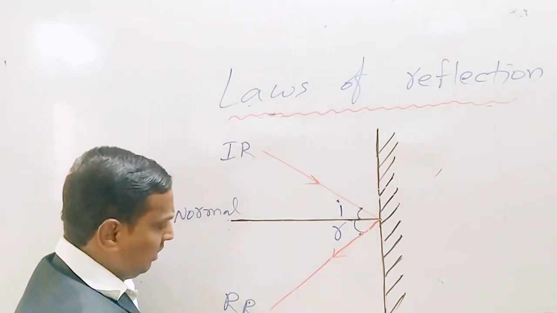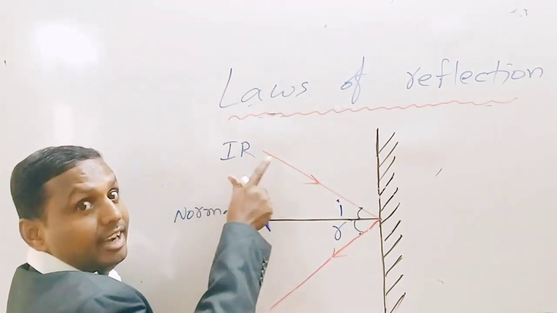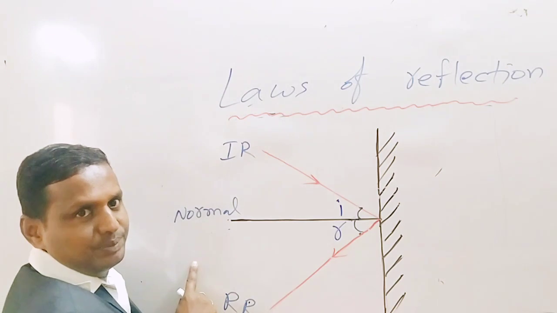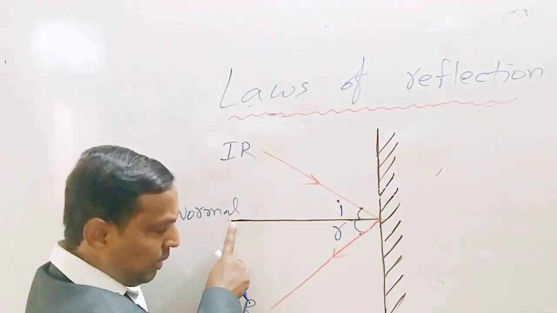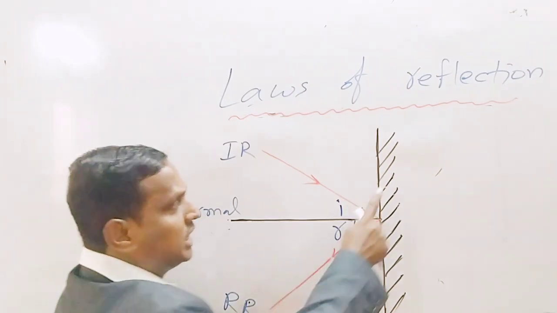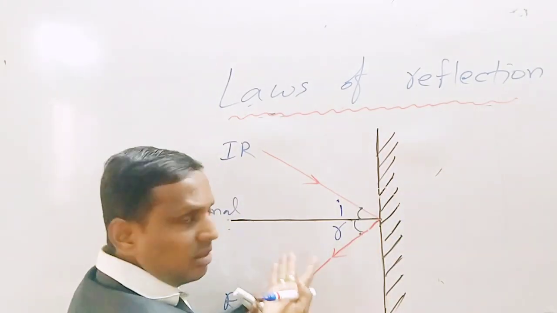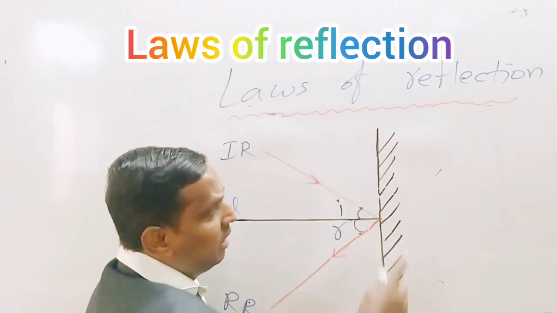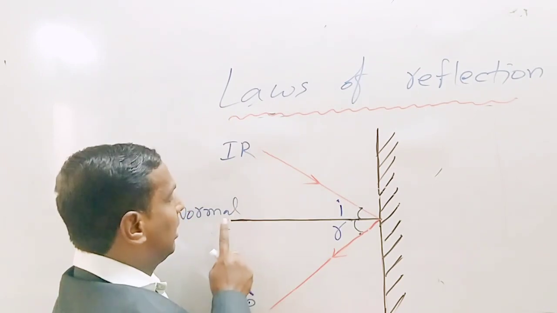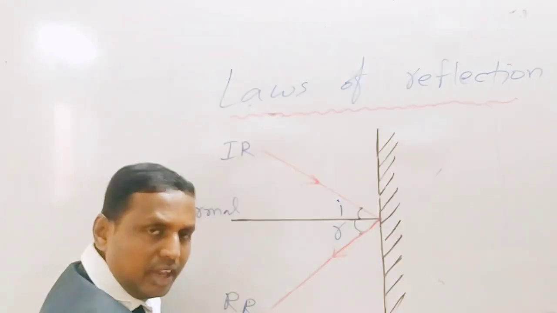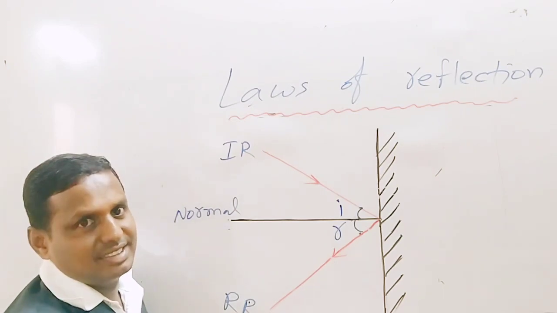Okay, very clear: incident ray, normal, reflected ray. This is a plane mirror. You take any mirror, the laws are compulsory. So now we can discuss the laws.